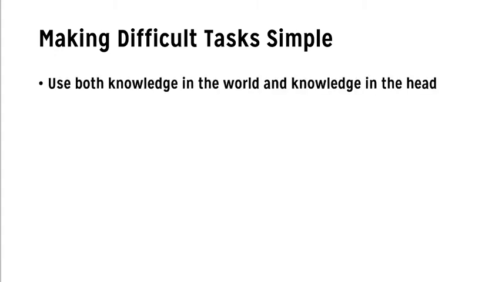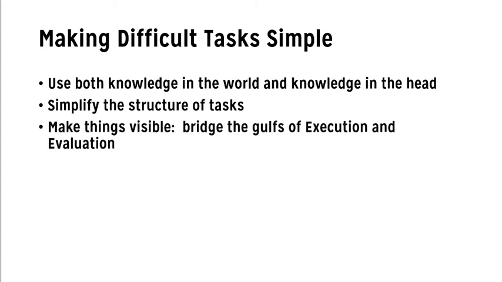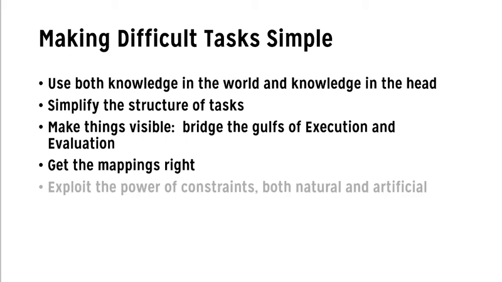And there's also making difficult tasks simple. And here's how we can do that. We use both the knowledge in the world and the knowledge in the head, which we've talked about ad nauseum. We simplify the structure of tasks. We make things visible by bridging the gulfs of execution and evaluation. And we get our mappings right.